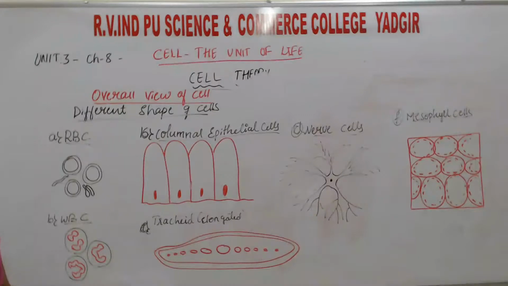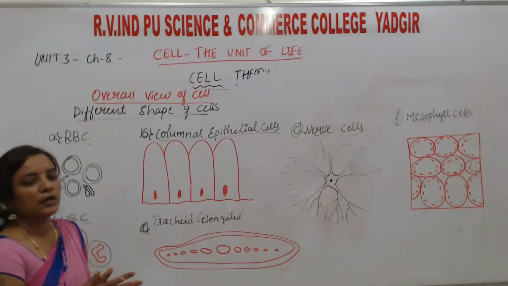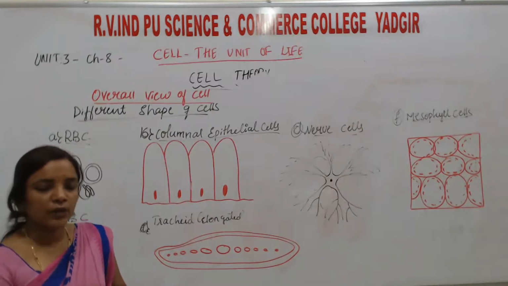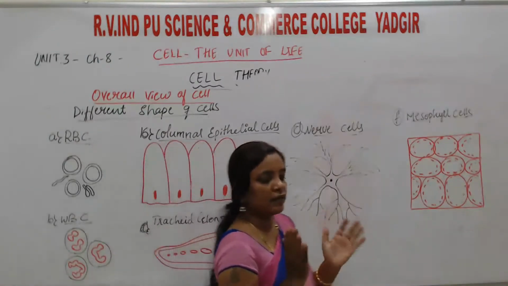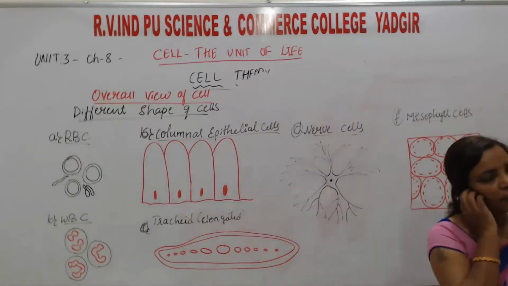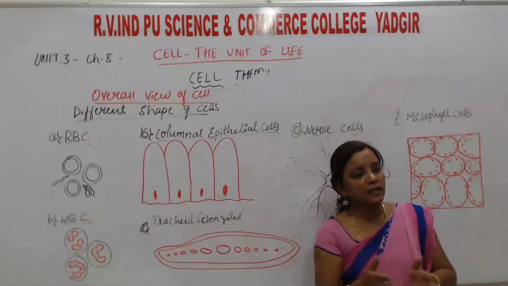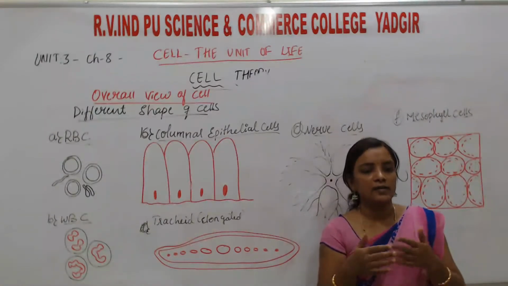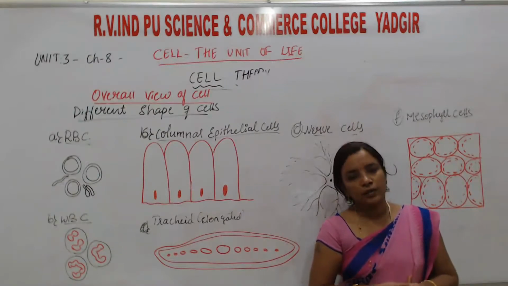After the overall view, the cells are divided into prokaryotic as well as eukaryotic cells. On what basis are we dividing prokaryote and eukaryote? From higher classes you have studied the differences between prokaryotes and eukaryotes.